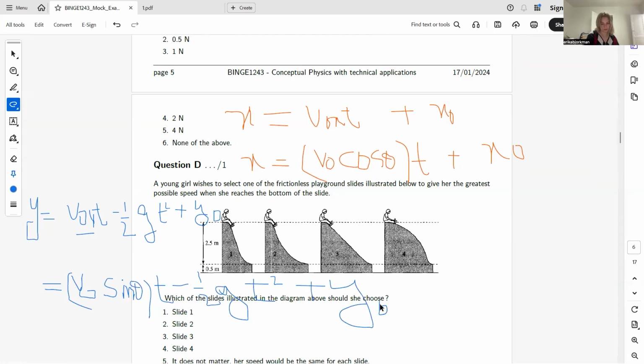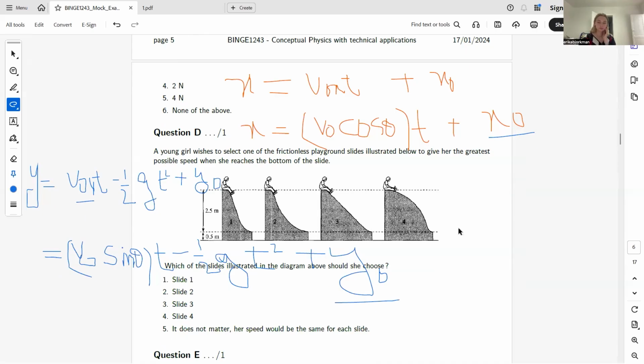Now I can say that initially, when the projectile, like the ball, was in our hand and we had not thrown it, at that time the initial distance was also equal to 0. So I want to remove this x naught and y naught.